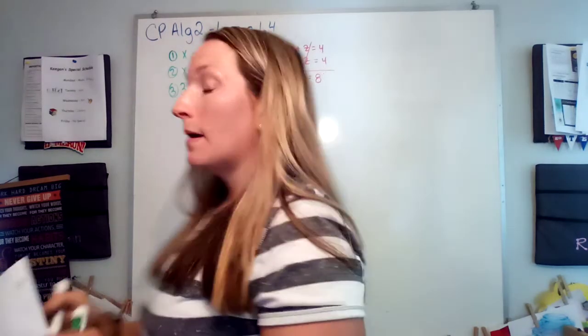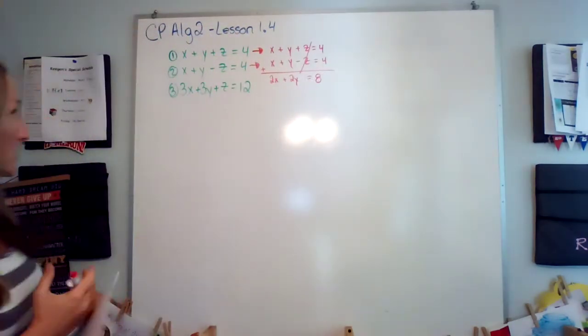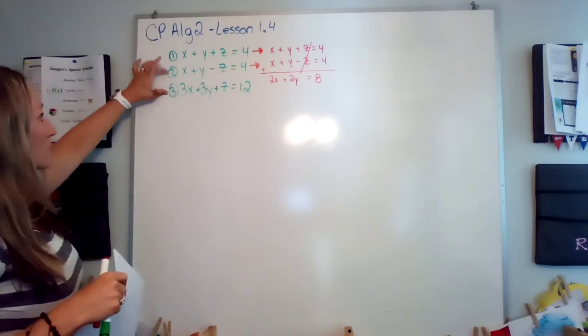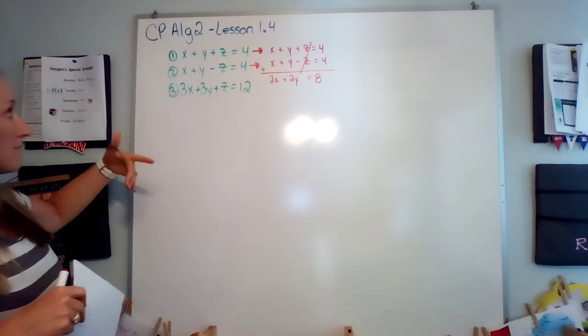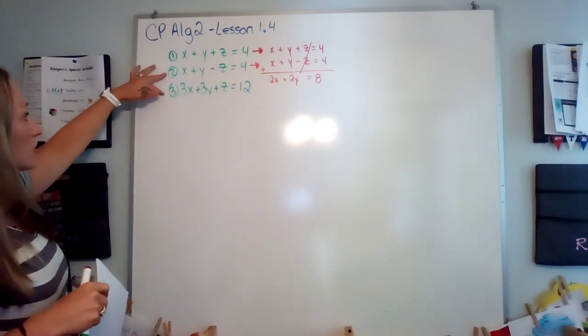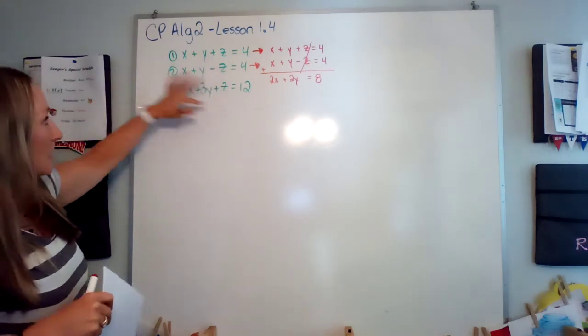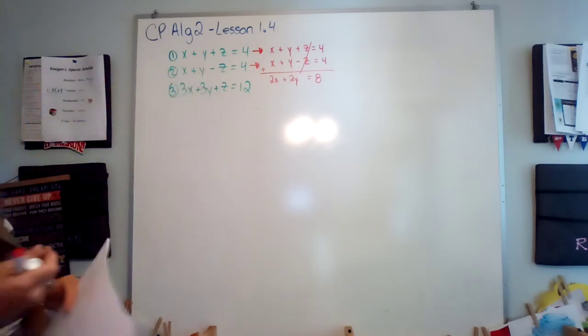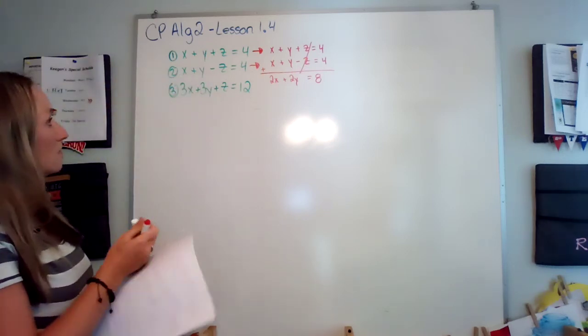Okay, step 2: pick a different pair of equations. I just worked with 1 and 2, so my options are to work with 1 and 3 or 2 and 3, and eliminate the same variable. So I'm going to work with 2 and 3 and eliminate the z's again. I chose 2 and 3 because one's negative and one's positive, so I don't have to multiply through by anything.